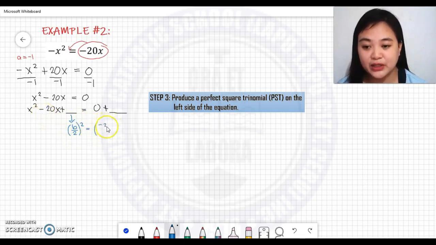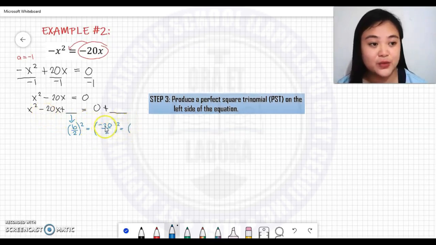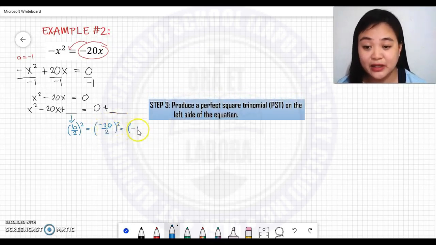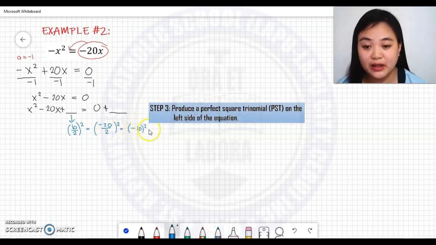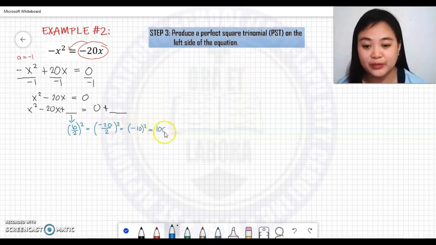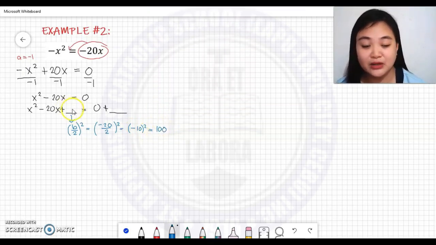So negative 20 divided by 2, squared. What is negative 20 divided by 2? The answer is negative 10. Negative 10 squared, and the answer is, yes, positive 100. So since we already found our third term, we will write it here.